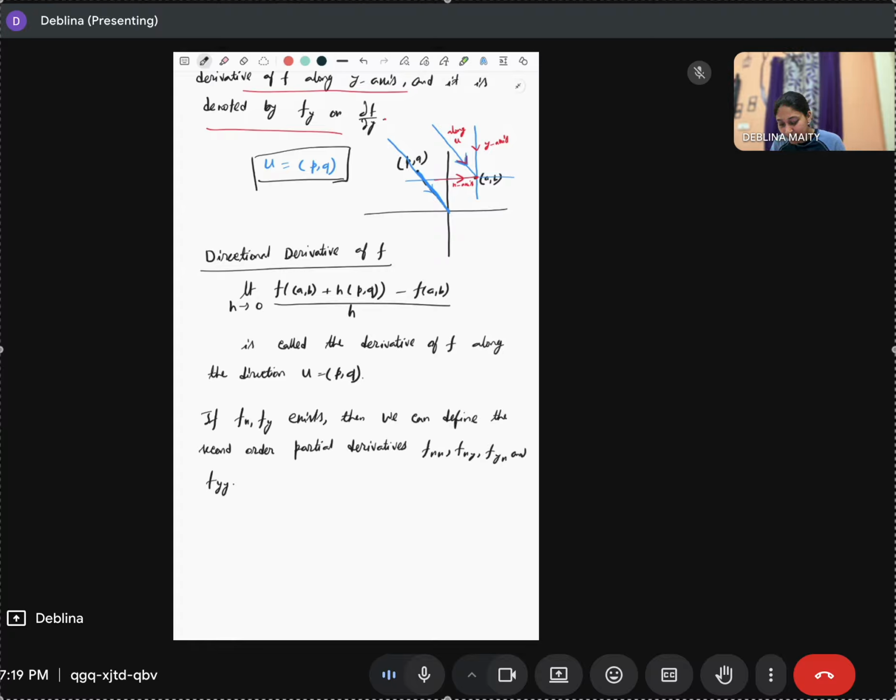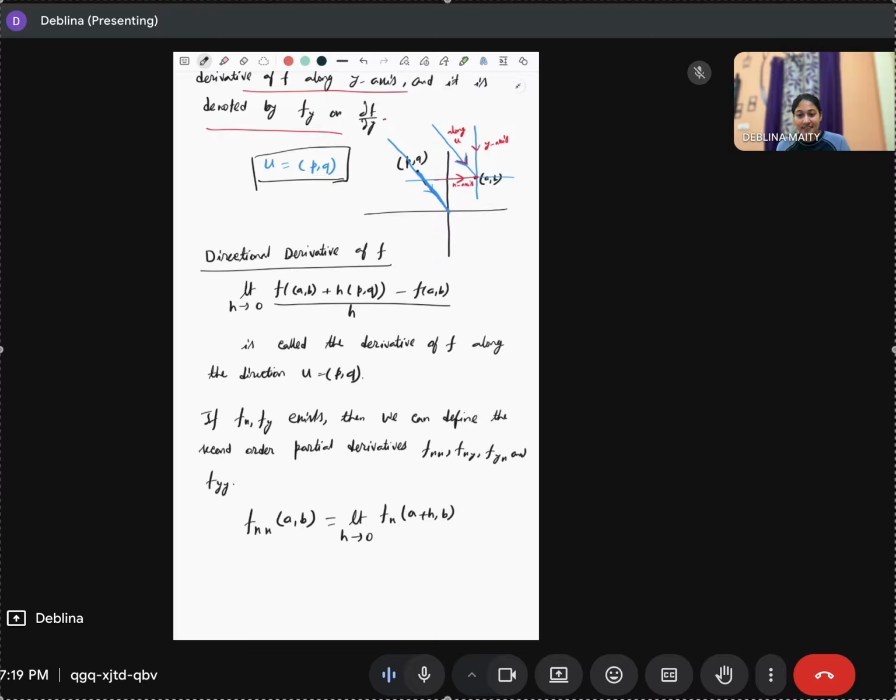Now what is fxx? fxx of AB, suppose. So what is this function? This is limit h goes to 0. Here the function is fx of a plus h, b.